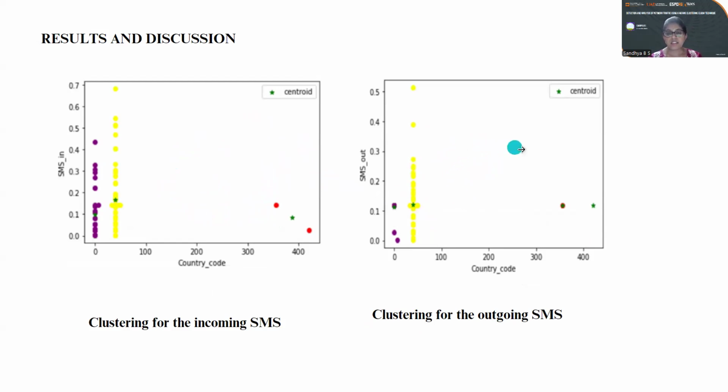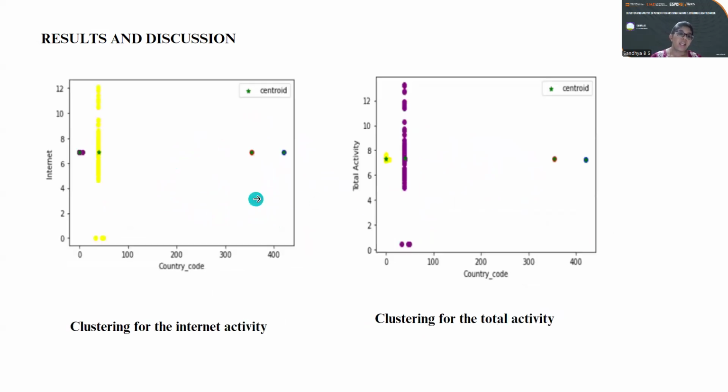And these are the clusters formed for outgoing SMS. And these many clusters are formed for the internet activity. And these are the clusters formed for the total activity. Total activity, as I mentioned, is the aggregated activity of all incoming calls, outgoing calls, incoming and outgoing SMS and internet activity. So the different colors show the different clusters.